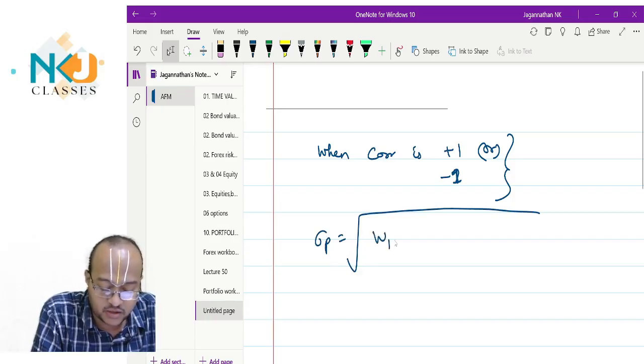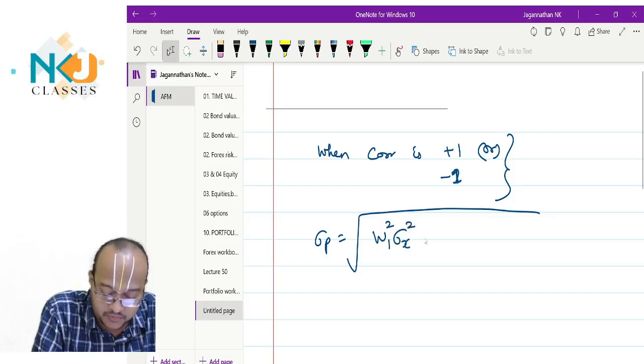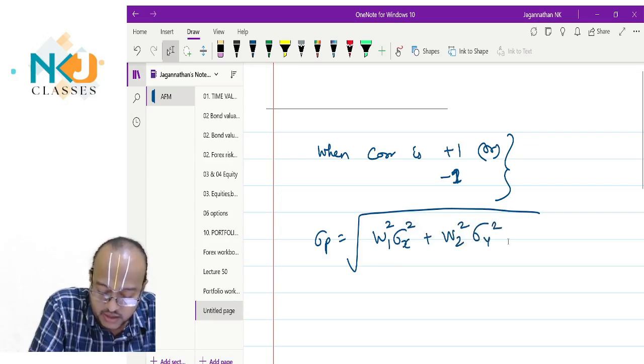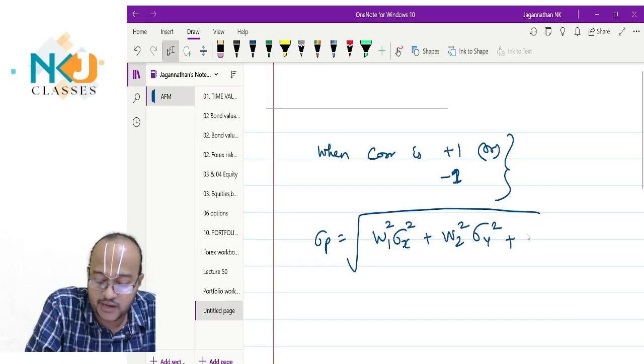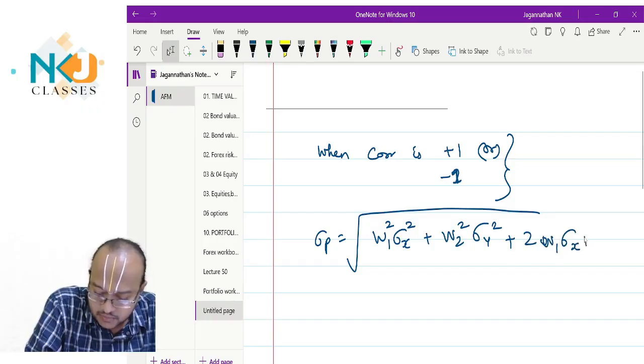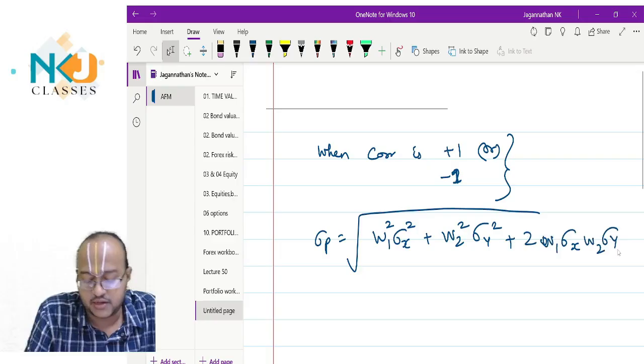W1 square sigma x square, plus w2 square sigma y square, plus 2 into w1 sigma x w2 sigma y, correct?